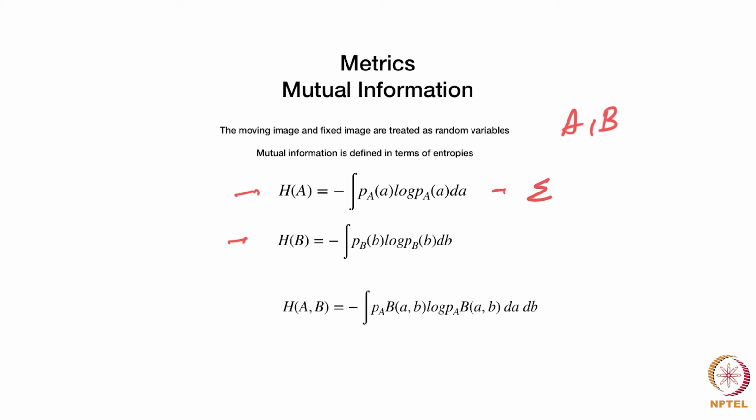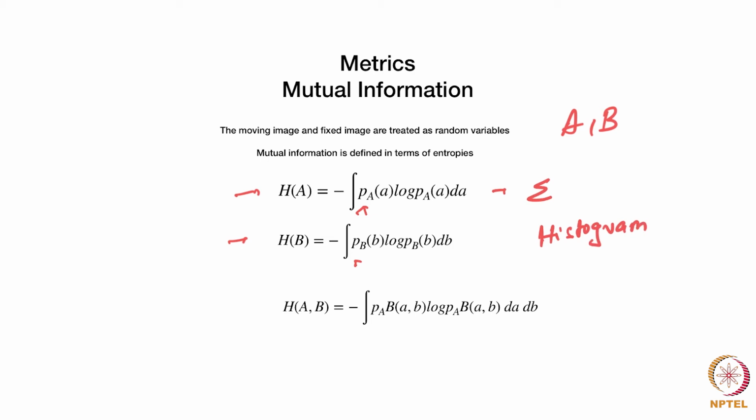So how do you estimate these probability density functions, this PA and PB, or the probability density functions of an image? These are typically estimated using the histogram. Okay, a very simple way is to construct a histogram.